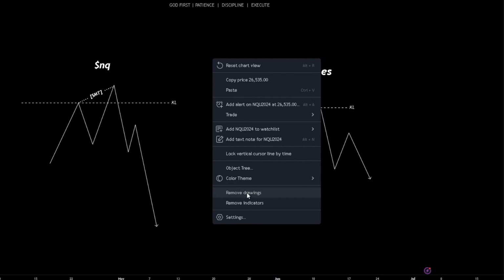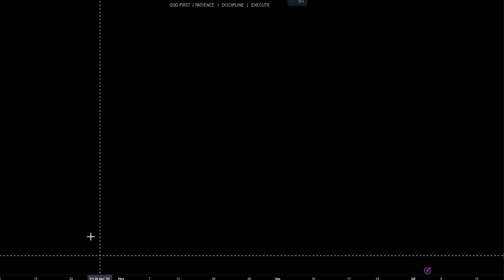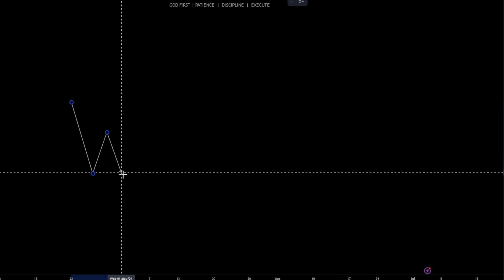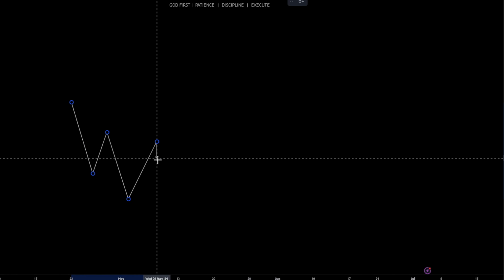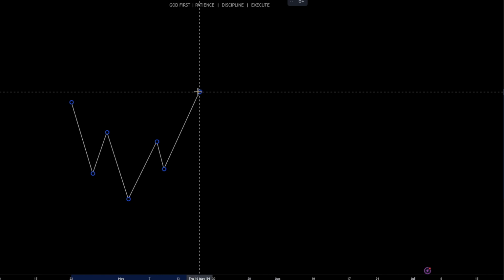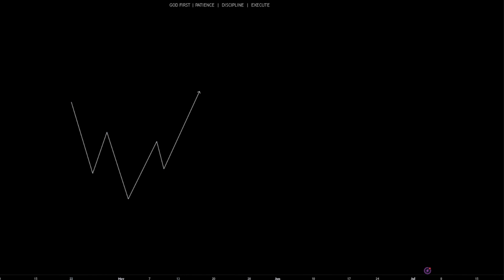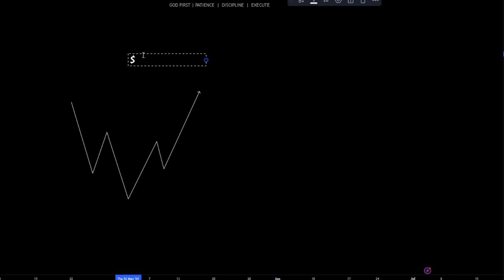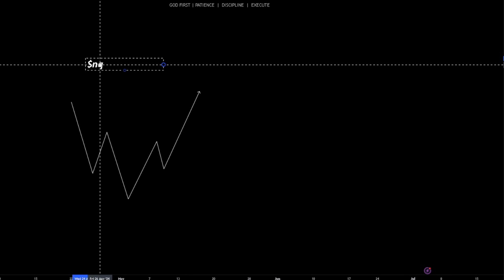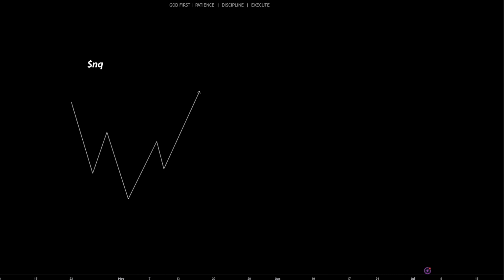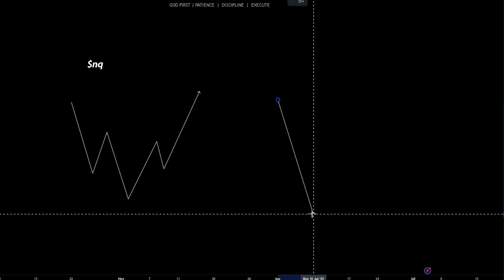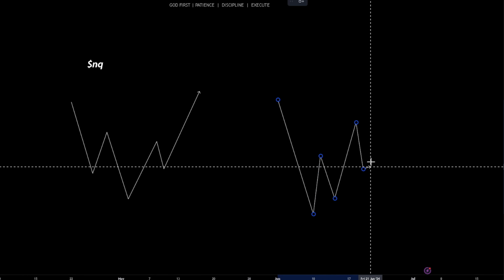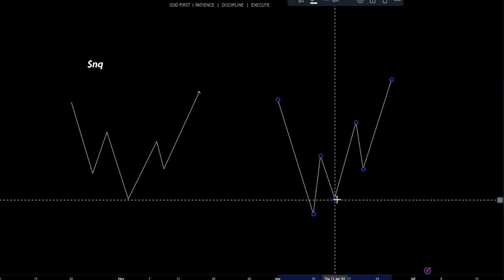Now let's go over a bullish SMT. A bullish SMT would look like this. We have the low and then we had a lower low and then we shoot up. So let's say this is NQ again, and this is going to be ES. We had a low and then we had a higher low. So it looks like this.